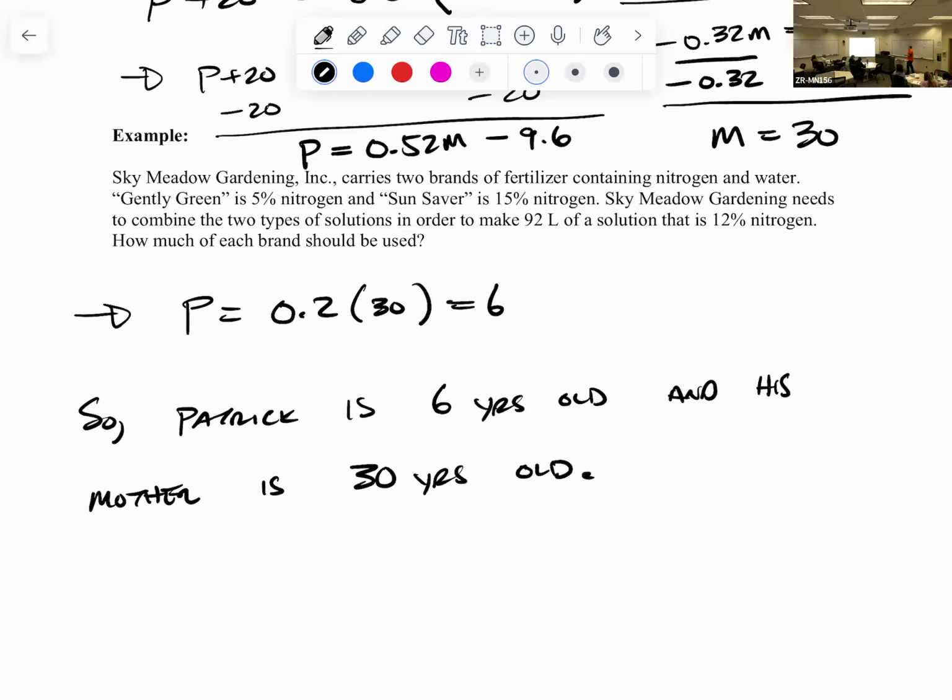So currently Patrick is 6 years old and his mother is 30 years old.